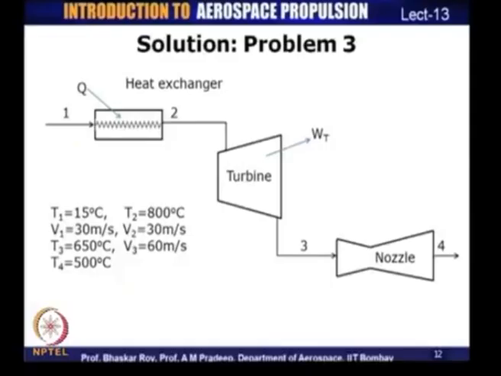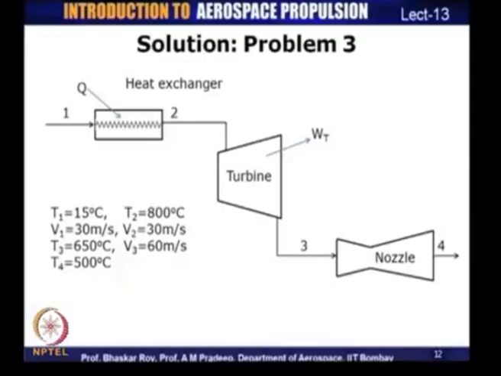So, temperature at the inlet of the heat exchanger and exit are given, temperature at the turbine inlet and turbine exit are given, and temperature at nozzle entry and exit are also given. So, what is required to be calculated is firstly the heat transfer at the heat exchanger, work done by the turbine, and also the velocity at state 4, that is V4.